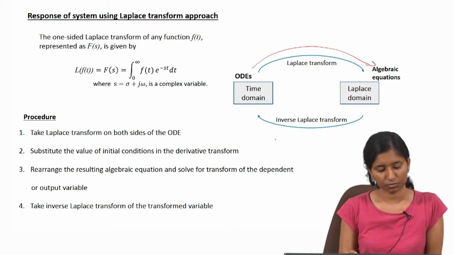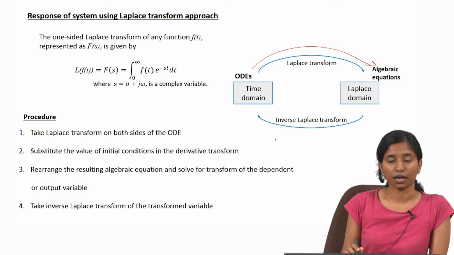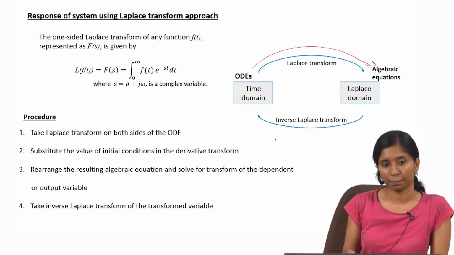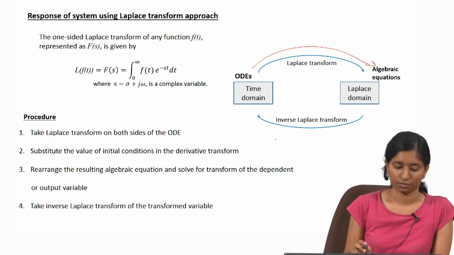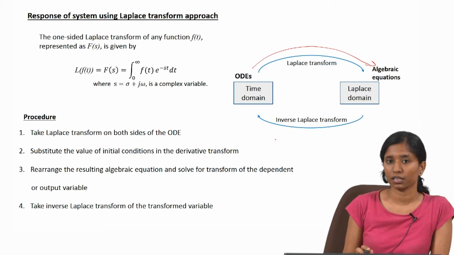And how can we use this Laplace transform to determine the response of a system? The procedure is very simple. We know that the system is described by a linear differential equation. Laplace transform can only be applied to linear differential equations.